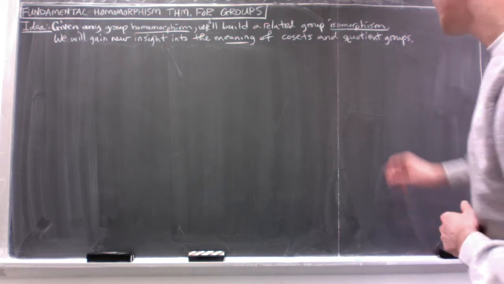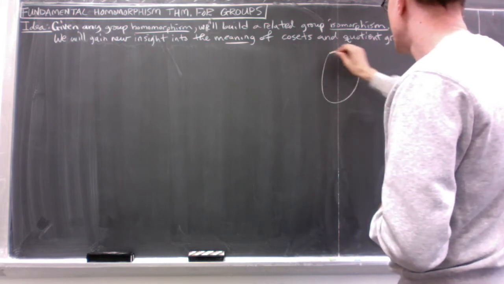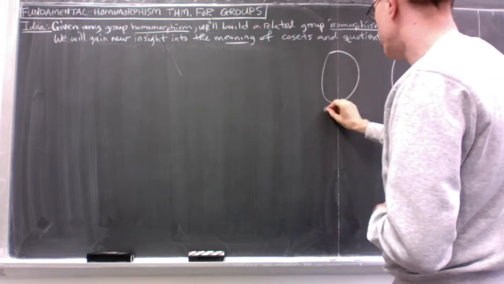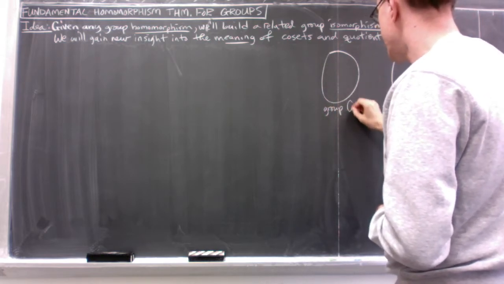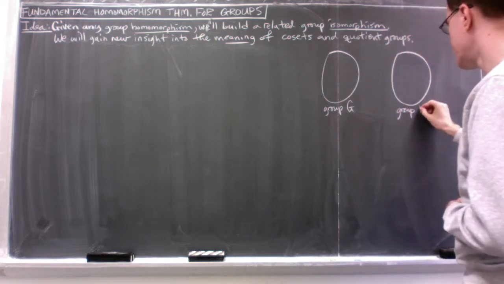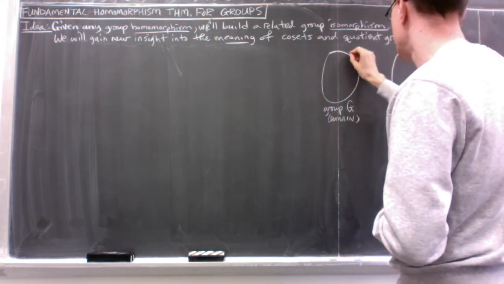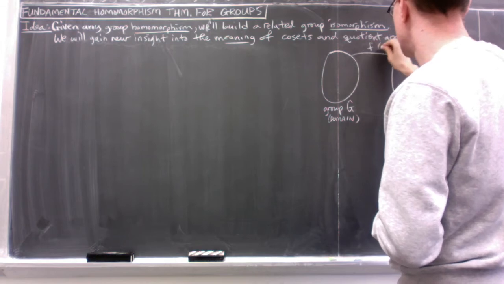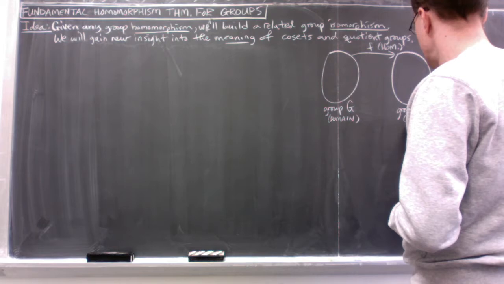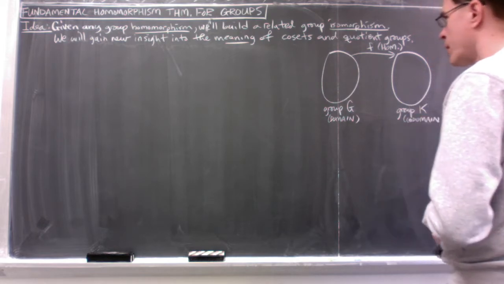So let me remind you of the picture you could draw for a group homomorphism. So maybe we have a group here, G, the domain, and another group, K, the codomain, of some function that's a group homomorphism, F, and you can imagine all these arrows going across.